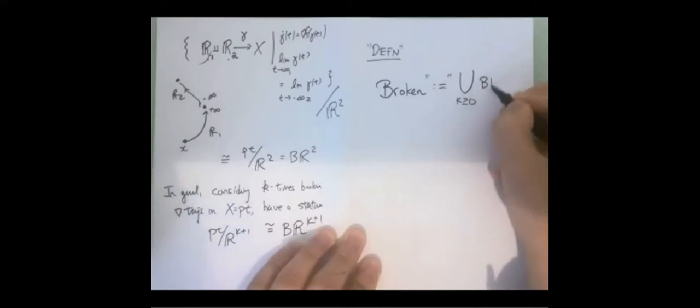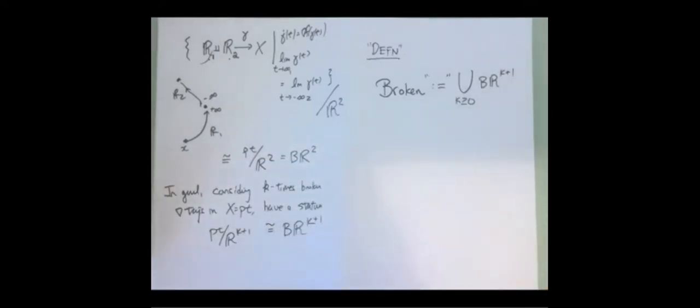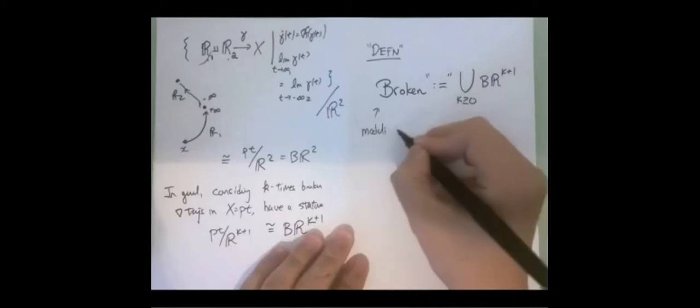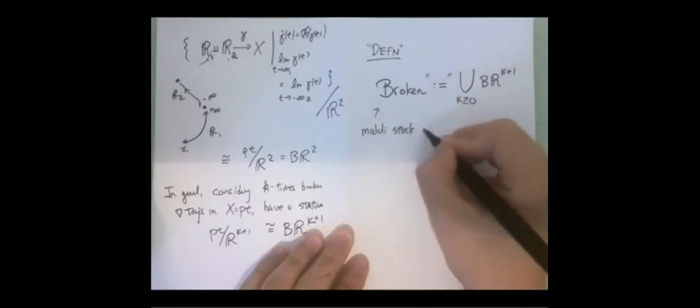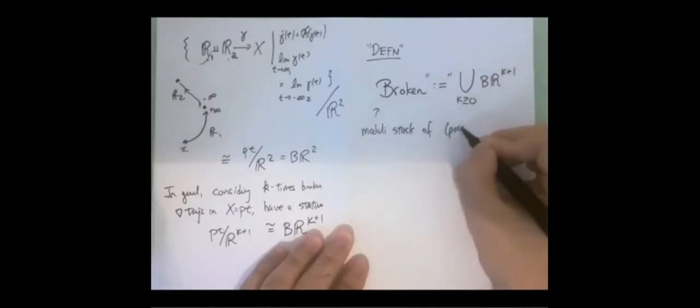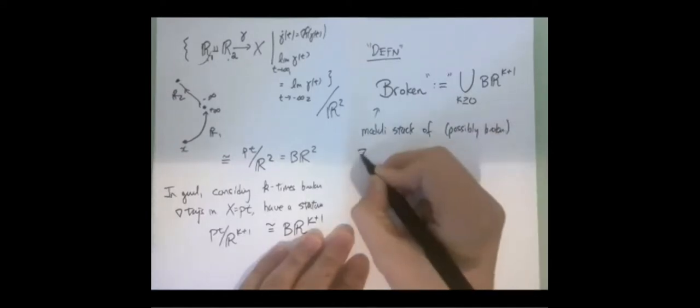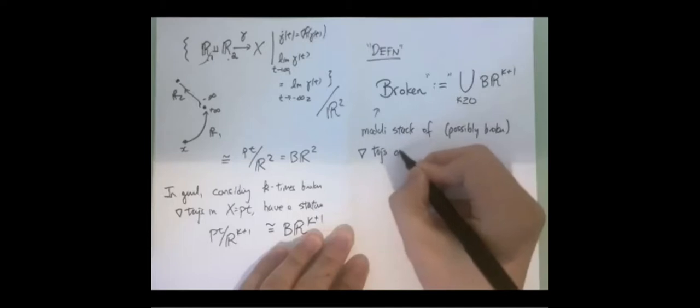It's the union of BR to the Ks for every positive integer. Okay, so informally, this is the moduli stack of possibly broken gradient trajectories on a point.